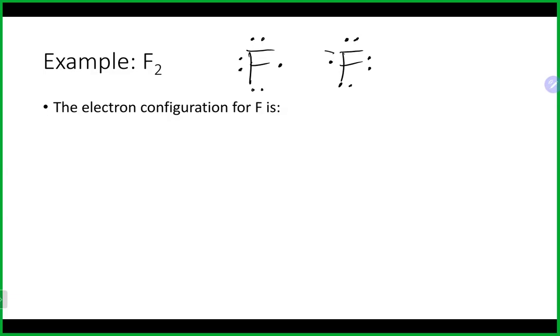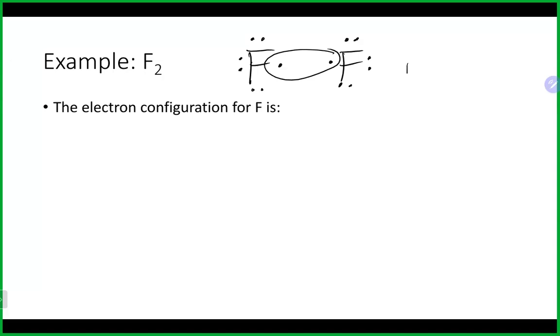Once again, these two guys for sure are going to decide to share those electrons because, again, it is two nonmetals together. So once we see two fluorines, which are two nonmetals, I know I got sharing of electrons happening here. Again, when I have a metal and a nonmetal, I have transfer of electrons.